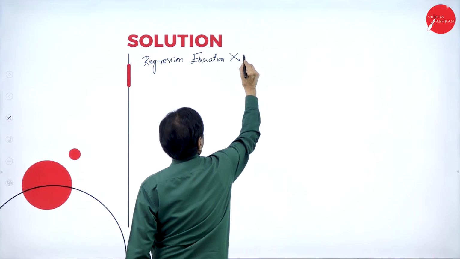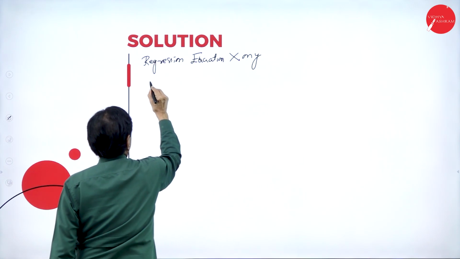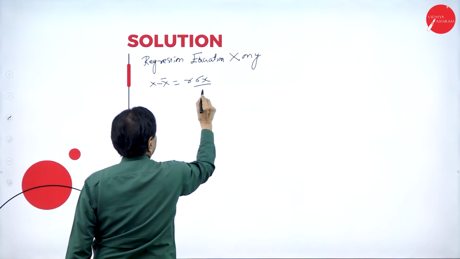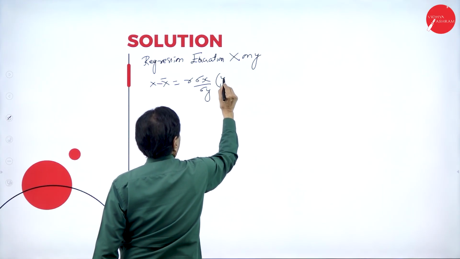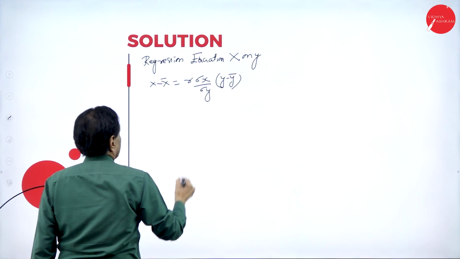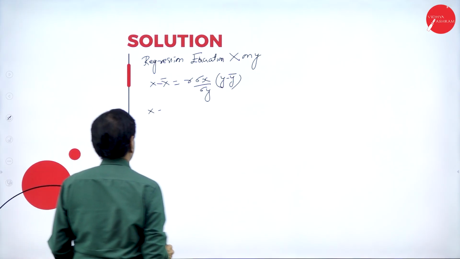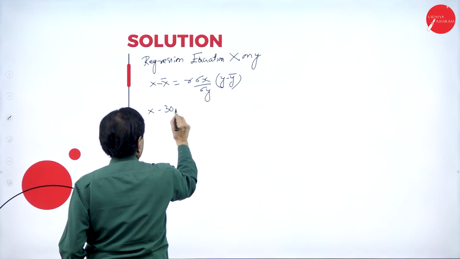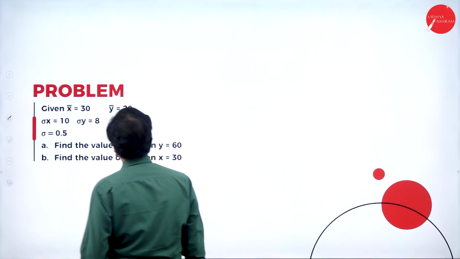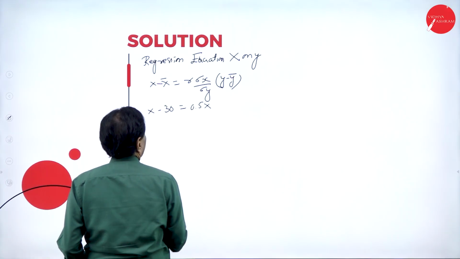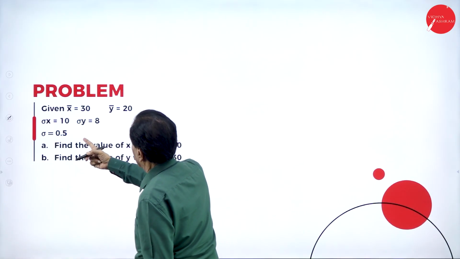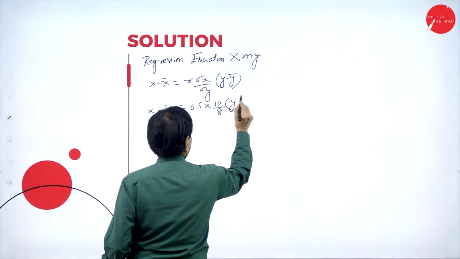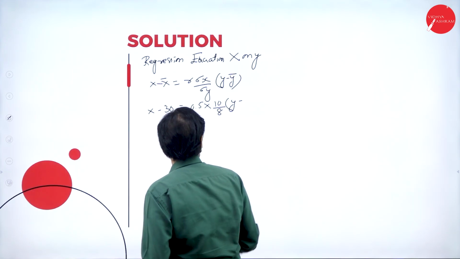Regression equation x on y. Formula: x minus x mean equals r into standard deviation x over standard deviation y into y minus y mean. So here x minus x mean is 30, r is 0.5, standard deviation x is 10 divided by 8, y minus y mean, what's your y mean? 20.